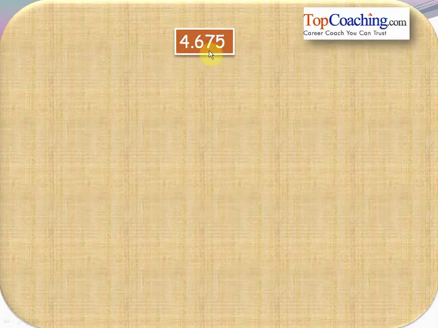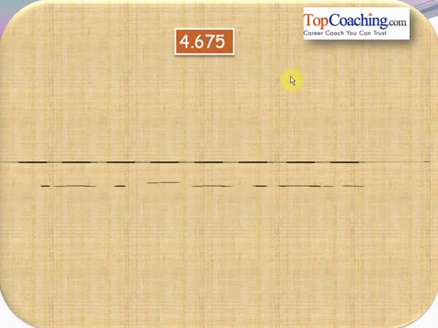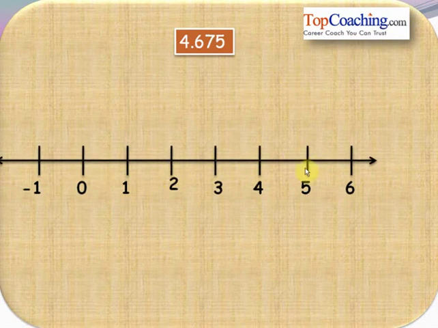In the first step, we draw the number line. So this is our number line where this is represented by 0, this is 1, this is 2, this is 3, this is 4, this is 5 and this is 6. And similarly on the left hand side we can have infinitely many such integers.